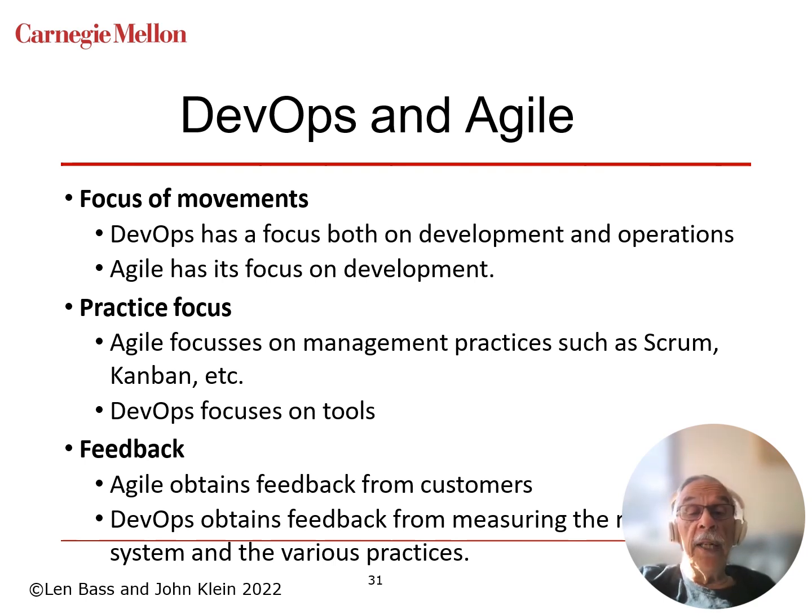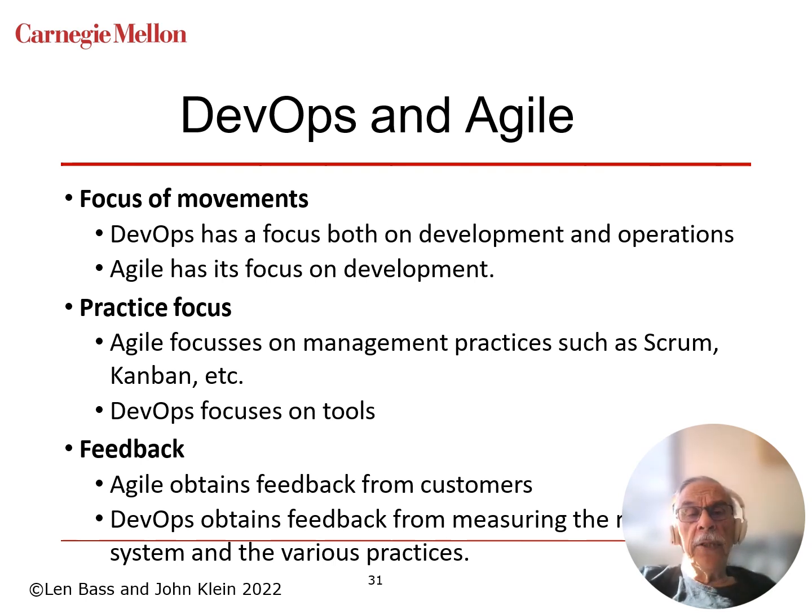Agile focuses on management practices. So Agile worries about things like Scrum and Kanban and so on, short sprints. And DevOps focuses on tools. This is the deployment pipeline. It consists of these kinds of tools. This is the information that we gathered.